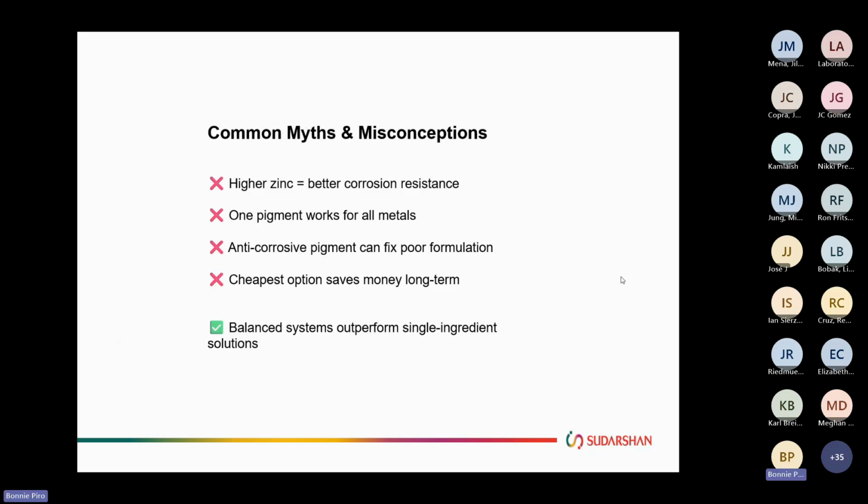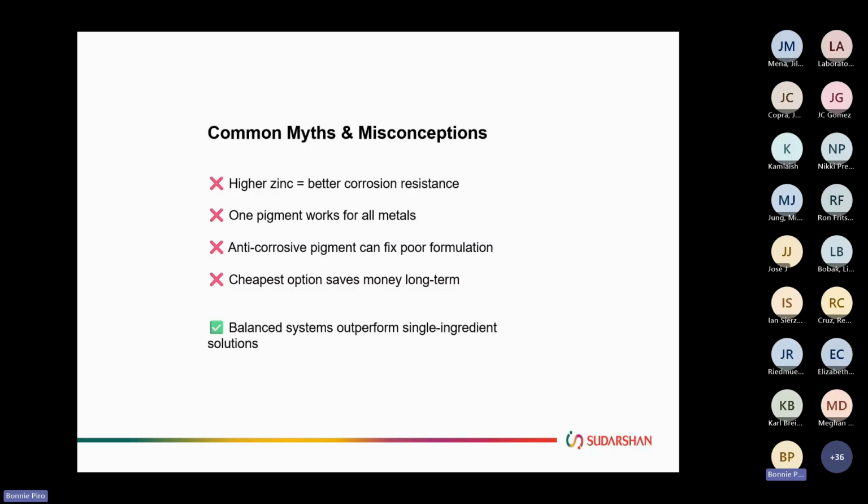Some common myths and misconceptions. Certainly, a higher zinc content does not always result in better corrosion resistance. One pigment does not work for all metals, as I stated before.